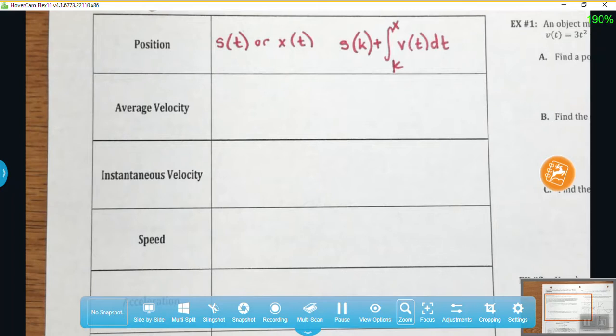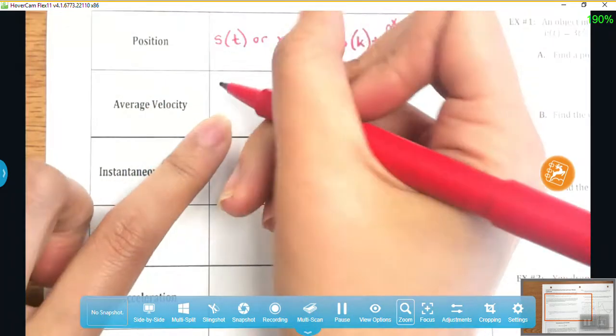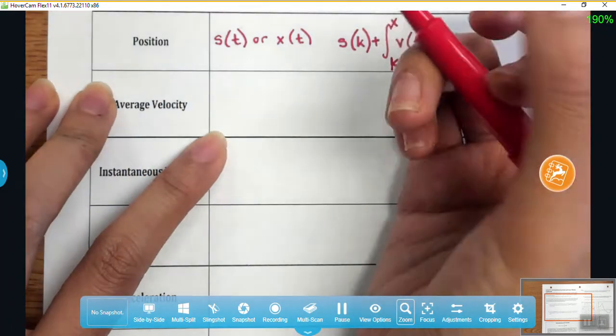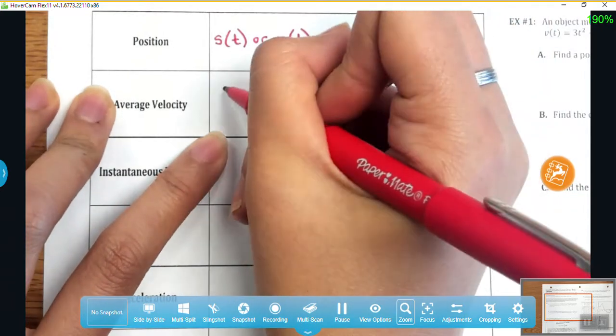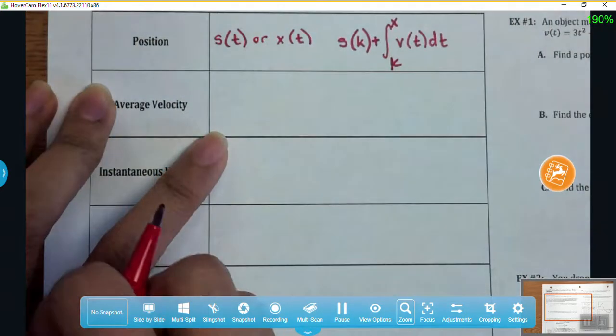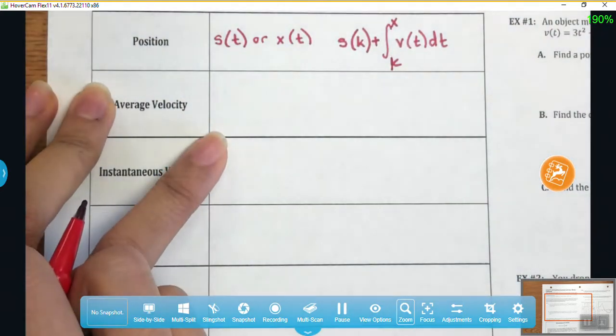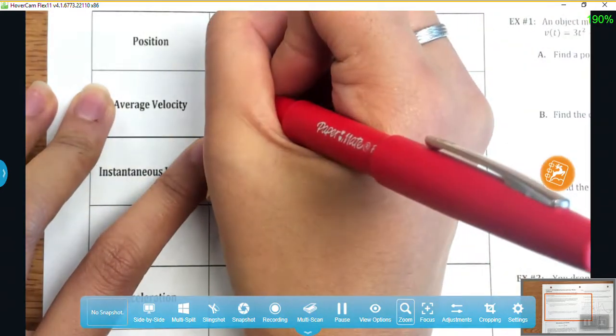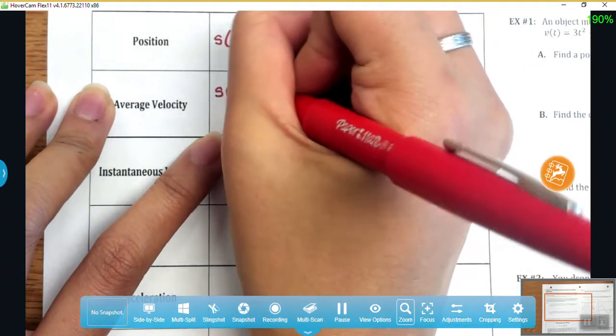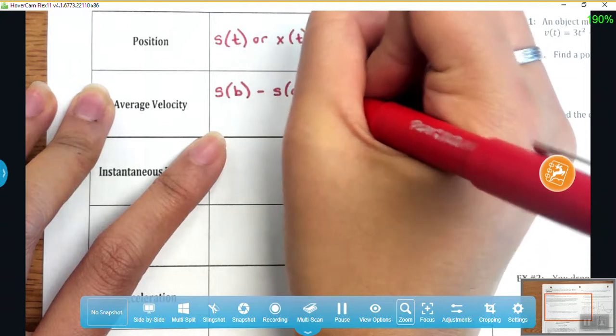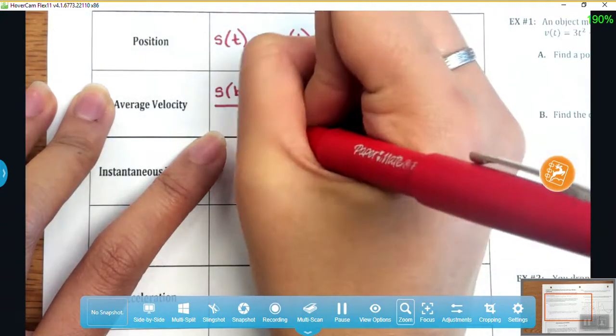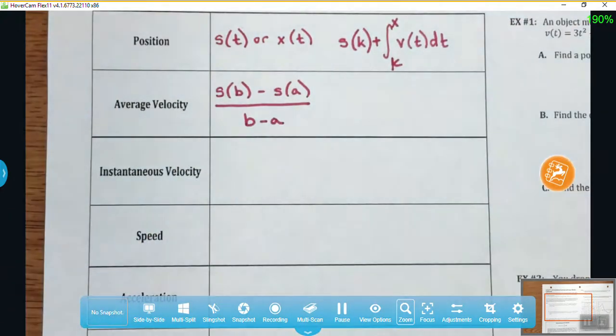Okay. Average velocity is what? Average velocity we find, if you're given a position function, right?